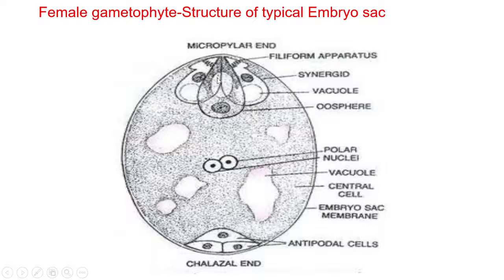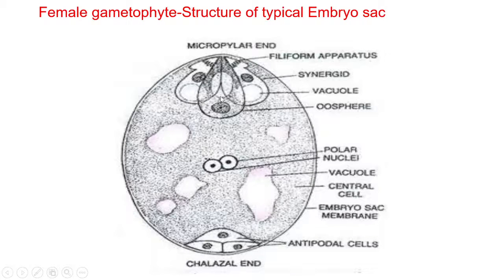chemotropically active substances. Now at the center of the egg apparatus there is the egg cell with the egg nucleus. Actually this is the functional female gametophytic cell, present in between the 2 synergids. An egg shows a common cell wall with the 2 synergids.